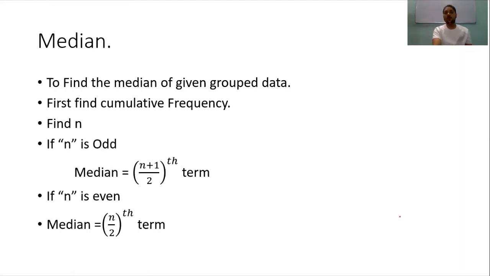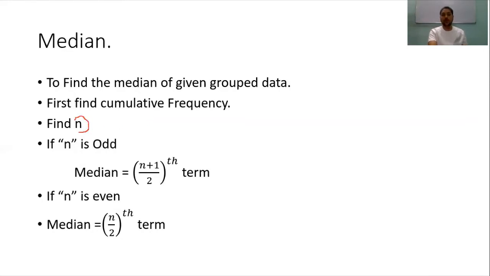If we have to find the median from the group data, that is when class interval is given, whether it is continuous or discontinuous, for that we first have to find the cumulative frequency, then find the n here. The last sum of your cumulative frequency will be n.